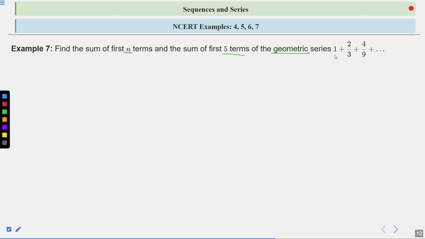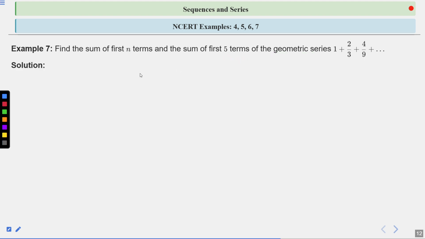Here series is 1 plus 2 by 3 plus 4 by 9. So you all know the geometric series comes from geometric progression, meaning each term here represents geometric progression terms. Meaning you can get your A, your first term, as well as your common ratio of your GP in order to get the idea for next terms.